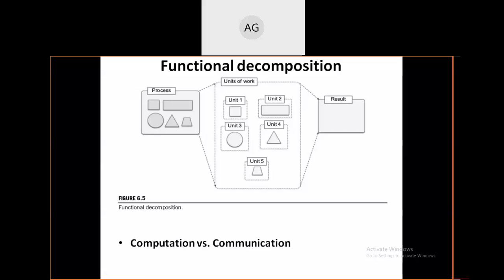Suppose you are using the decomposition method. First, you find out the total number of levels in the components and functions.